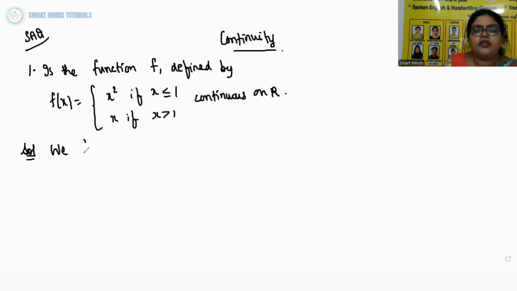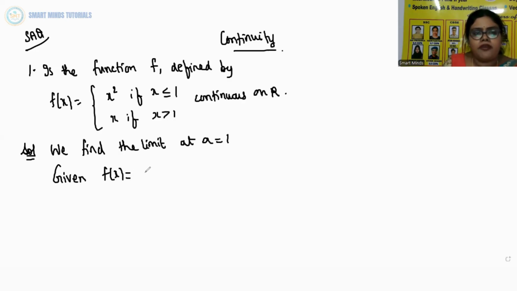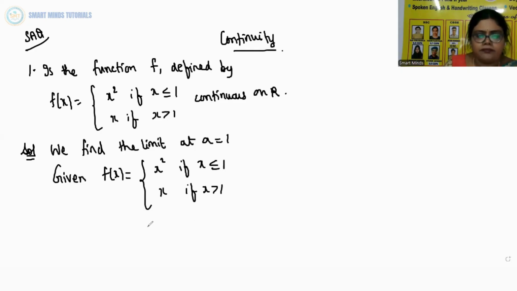So first we need to find the limit at a is equal to 1. So we will write the given function. Given f of x is equal to x square if x is less than or equal to 1 and x if x is greater than 1.